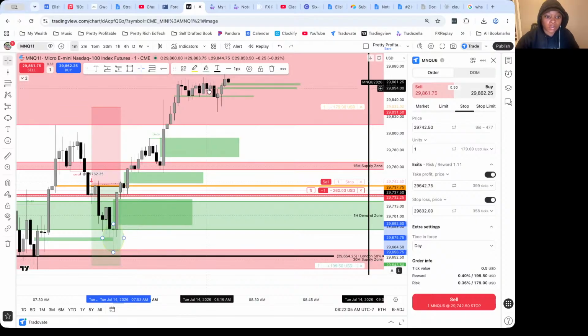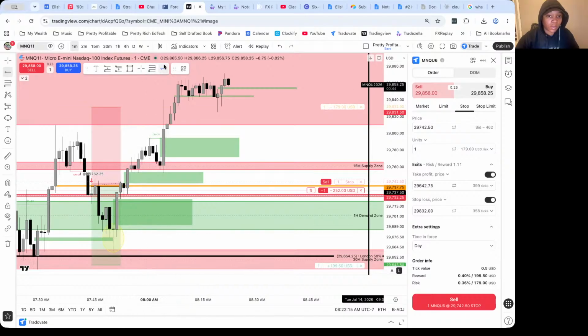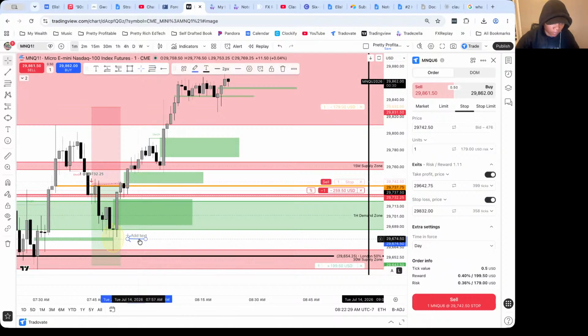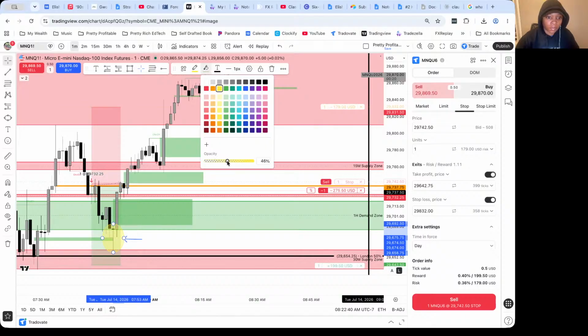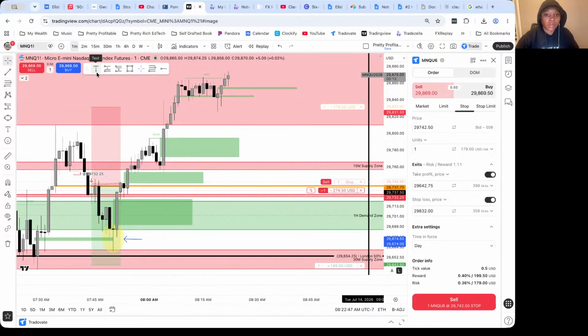I'm gonna use yellow. Trend line. Alright, so while that's doing what it's doing, I just want to break even because I do not want to lose all of my profit that I made today.